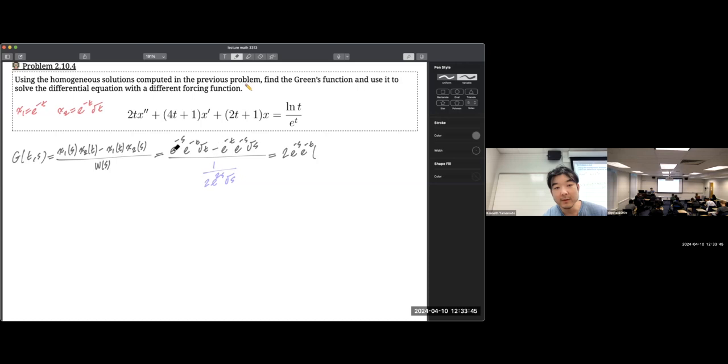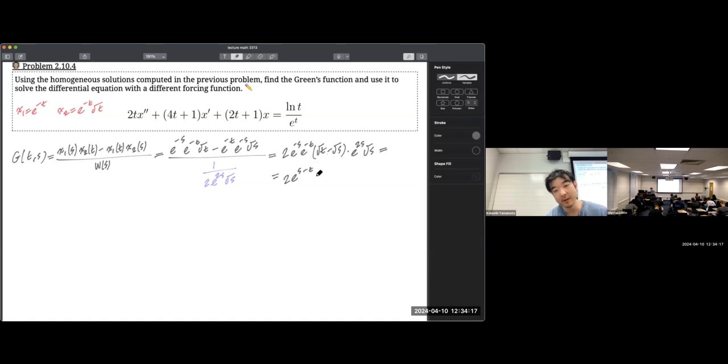Then you've got e to the negative s, e to the negative t, e to the negative t. Those are common. And then we take that and just take square root of t minus square root of s. And this is multiplied by e to the 2s square root of s. All right, that's good. And then you'll have 2s minus s, so it's just one positive s minus t.